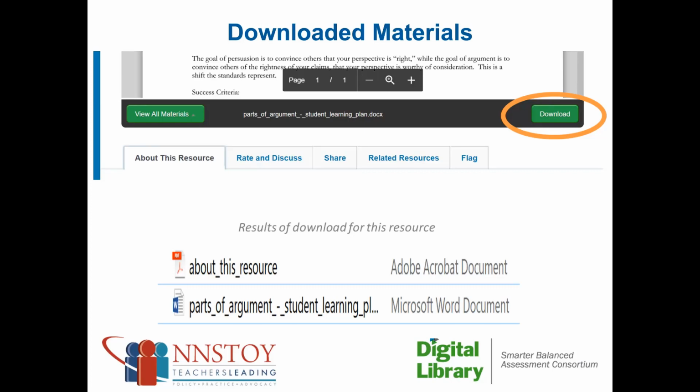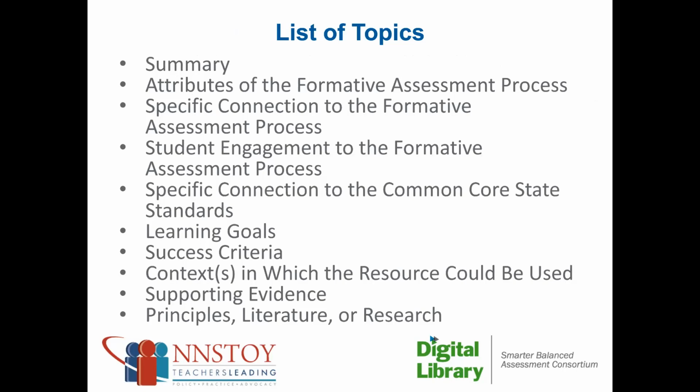For each of the resources on the About This Resource tab, there is a list of descriptive topics for it. And the list is, as you can see, pretty extensive. There's a summary, attributes of the formative assessment, and connections for the formative assessment process, student engagement, specific connections to the standards, learning goals, success criteria, context in which the resource could be used, supporting evidence, and some literature or research associated with it.